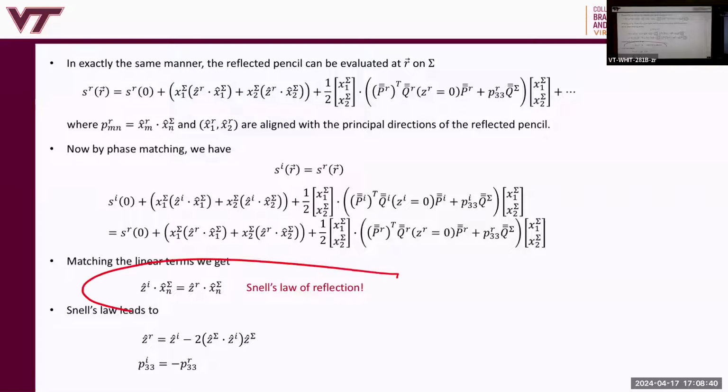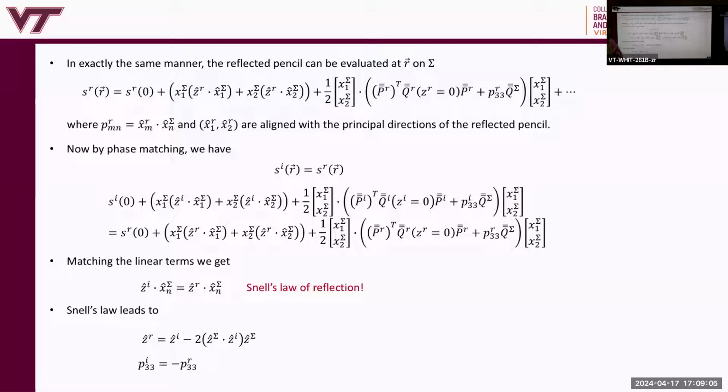You get Snell's law of reflection. It means that the tangential components have to be equal, or rather, the angles of z dotted with x and sigma of the incident pencil have to equal z dotted with x and sigma of the reflected pencil, with respect to the normal of the surface. So this is Snell's law of reflection.